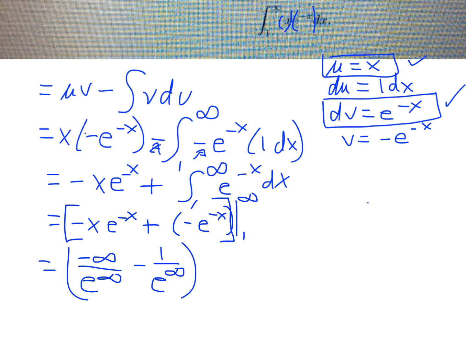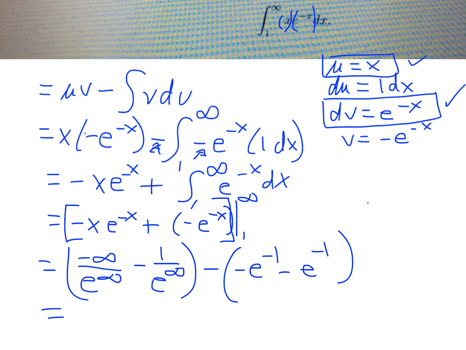So that's with the infinity. And then we're going to subtract these at 1. So I'm going to get negative e to the negative 1, and then minus, minus again, negative e to the minus 1. And so what does this make?